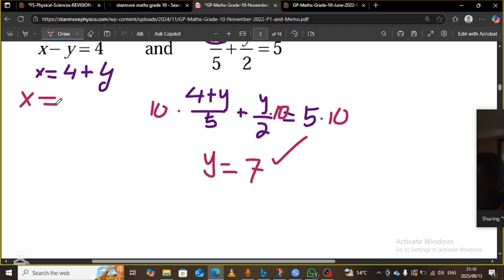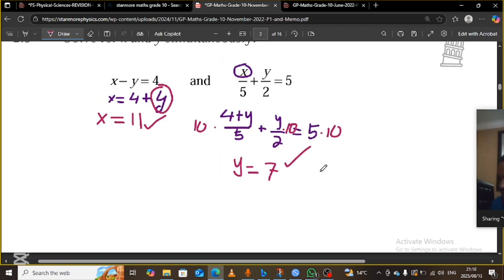You just have to substitute it here, in this equation. It's simple. Just substitute it there and find it. It's 11. Your x is 11. Done and dusted.